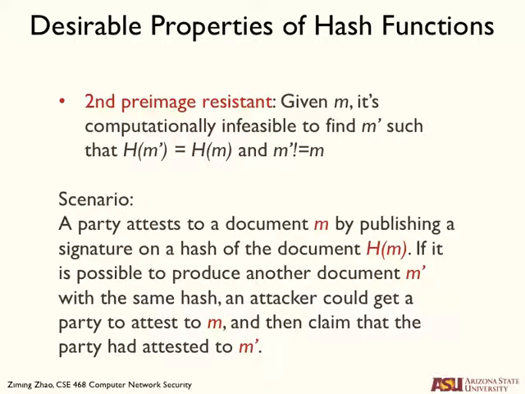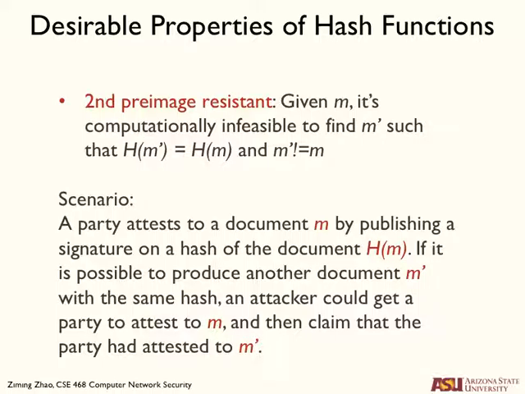In this case, an attacker could get the party to attest the original message M. Then the attacker can claim that the party actually attested to the message M prime, which is not true. So this is why the second property is also very important.